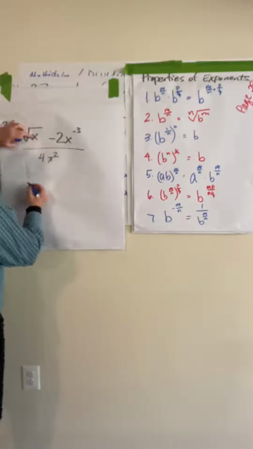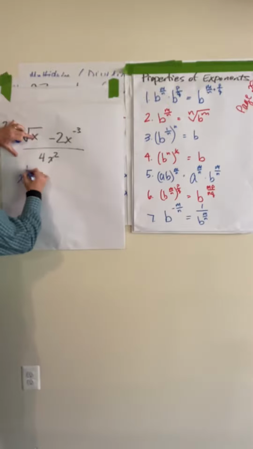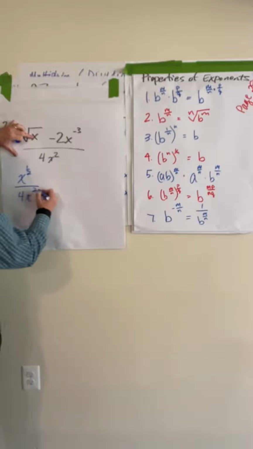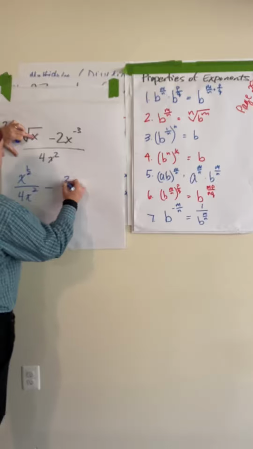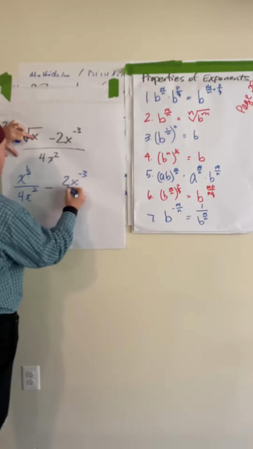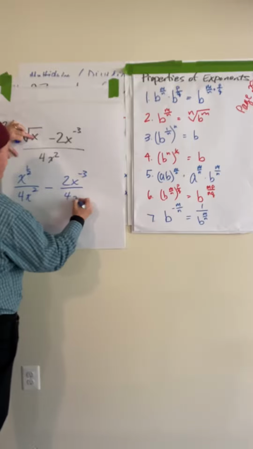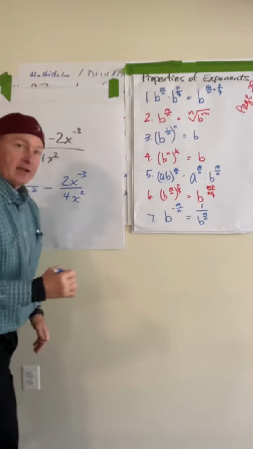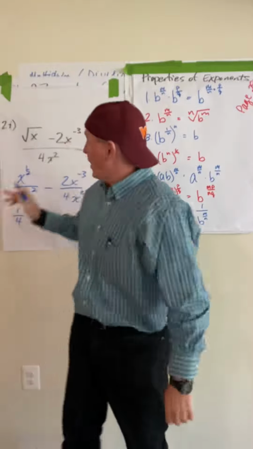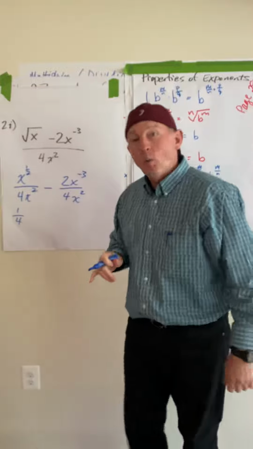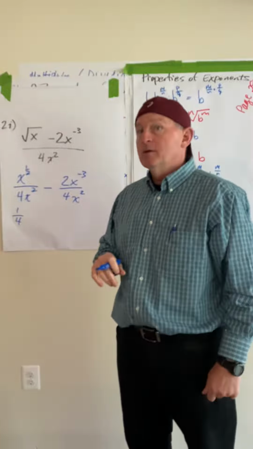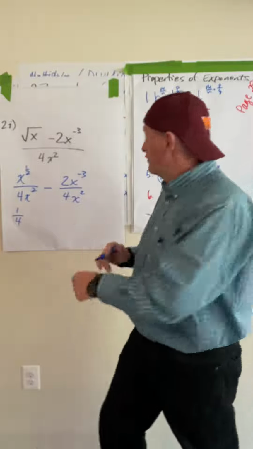So I'm going to have x to the 1/2 divided by 4x squared minus 2x to the negative 3 over 4x squared. And this is going to be 1/4. So 1/2. Now I got to do 1/2 minus 2. 1/2 minus 2 is 1/2 minus 4 halves, which is negative 3 halves.